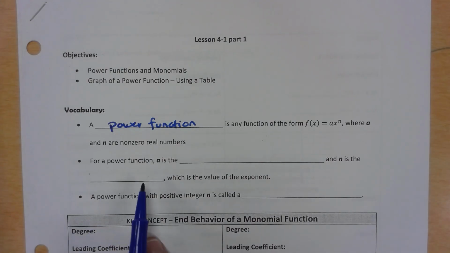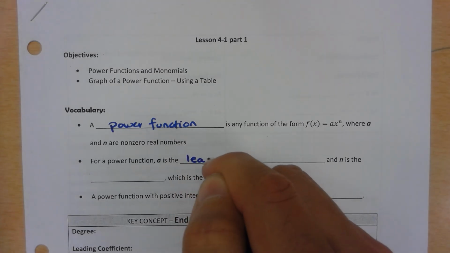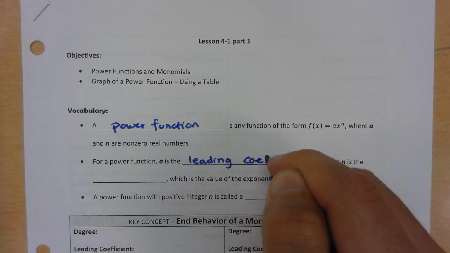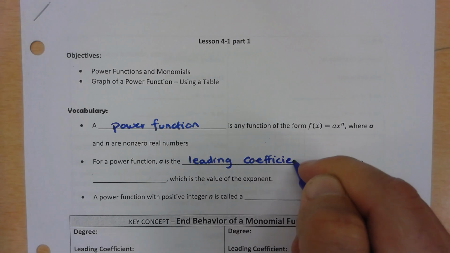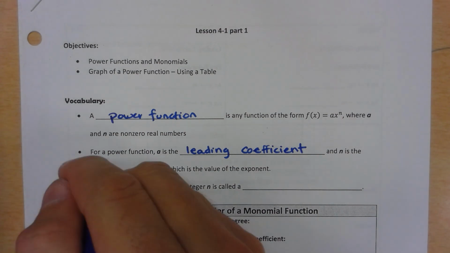For a power function, a is the leading coefficient. And n is the degree.